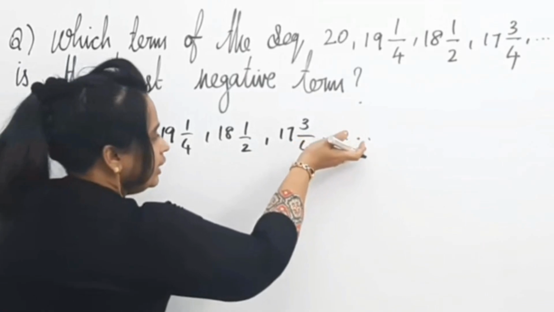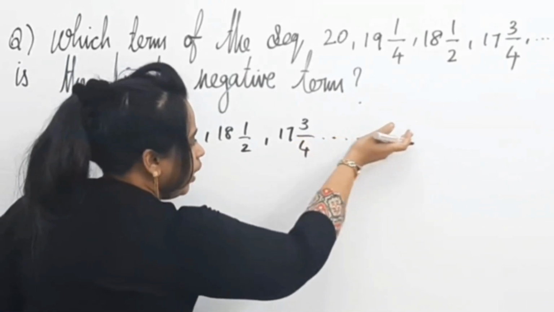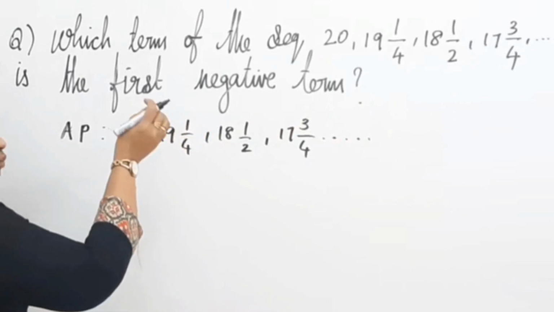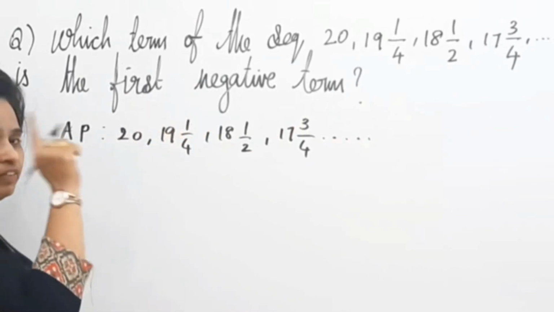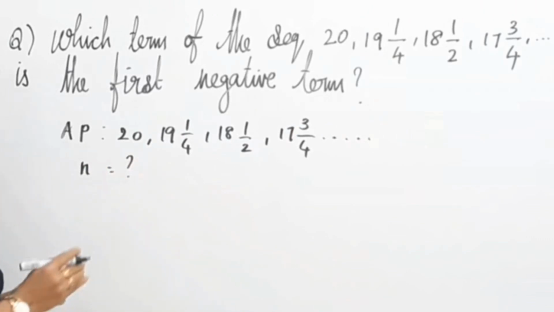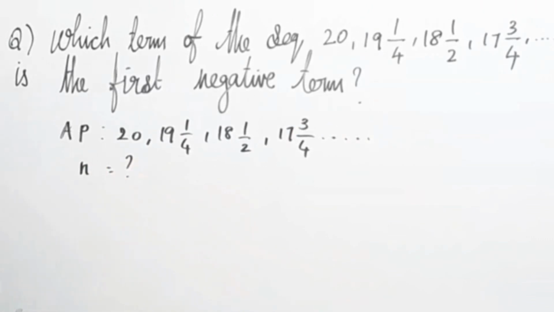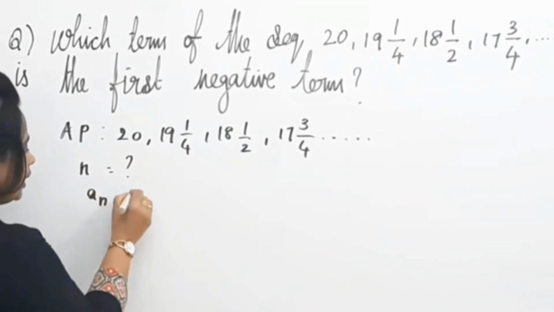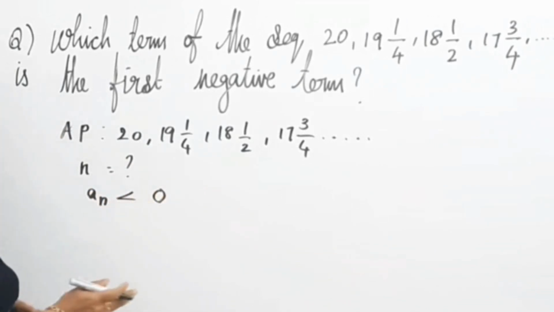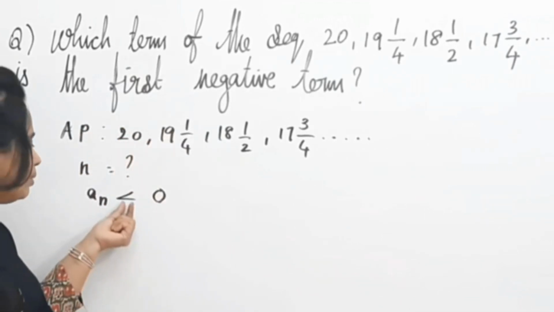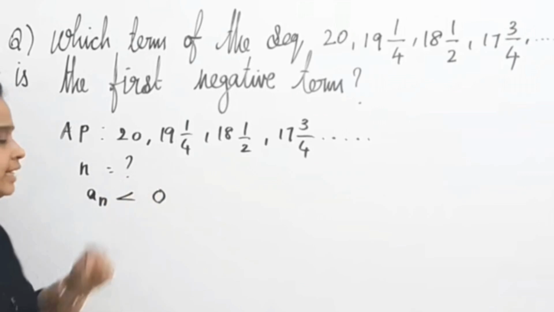That means at one point the numbers are going to be negative. So which term is going to be the first negative number? That means you have to find n, so that my an must be less than 0.